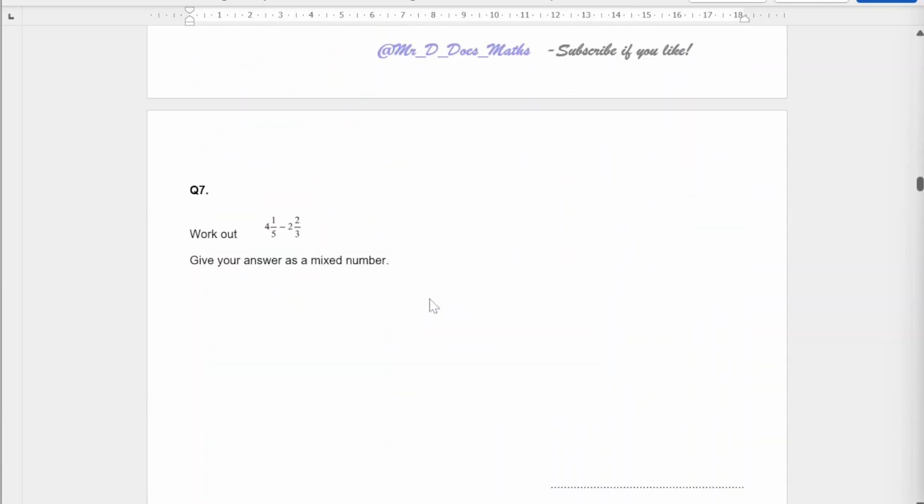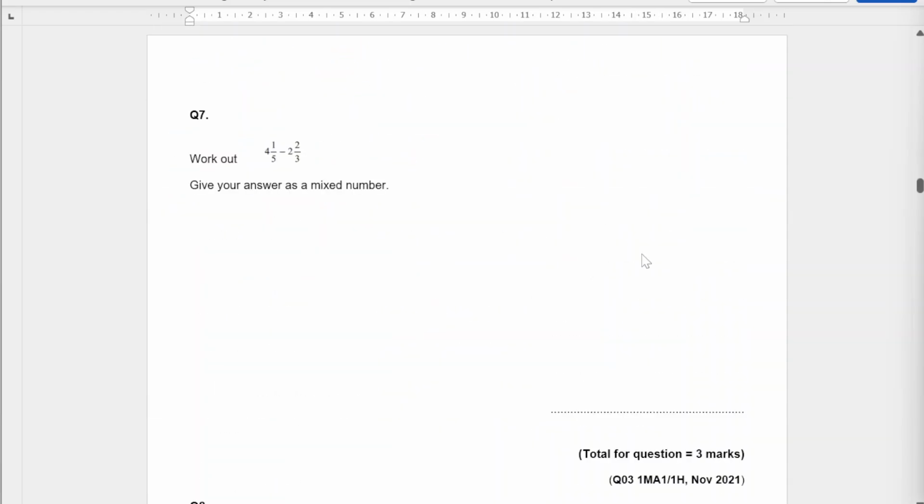Okay, question 7. Work out, giving your answer as a mixed number. So I always tend to treat these as whole numbers and fraction parts separately. So 4 minus 2, and my fraction part would be 1/5 minus 2/3. So 4 minus 2 is 2.